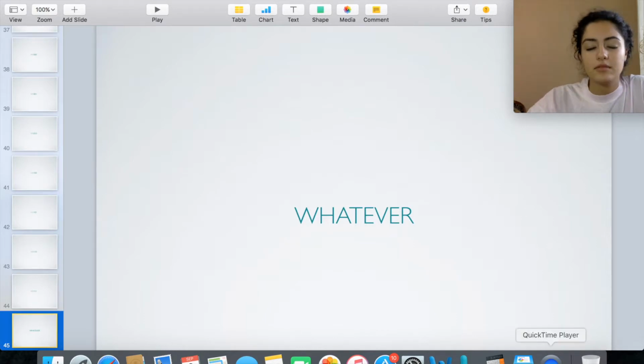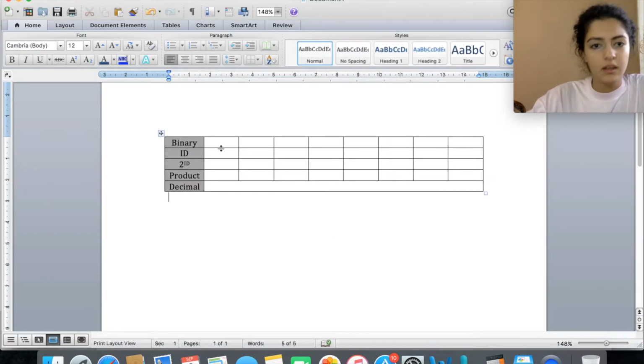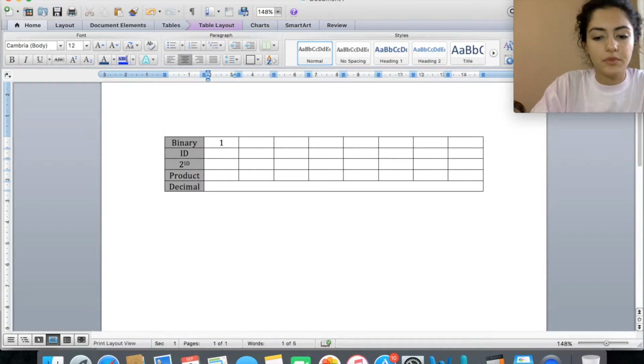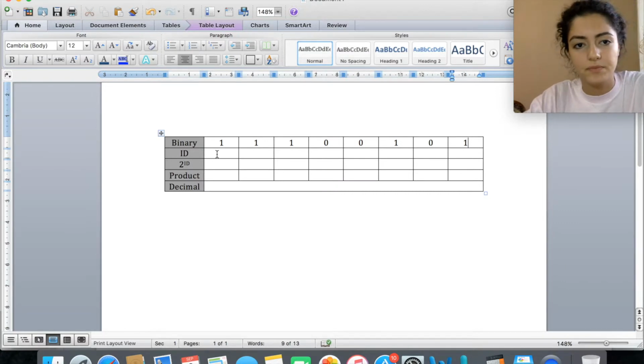So now let's understand how to convert a binary number to our decimal system. Because if we're talking about big numbers, we can't just count one by one. Let's take a look at this table. In the first row, we're writing our number. For example, I want to know what 1, 1, 1, 0, 0, 1, 0, 1 is in decimal system.